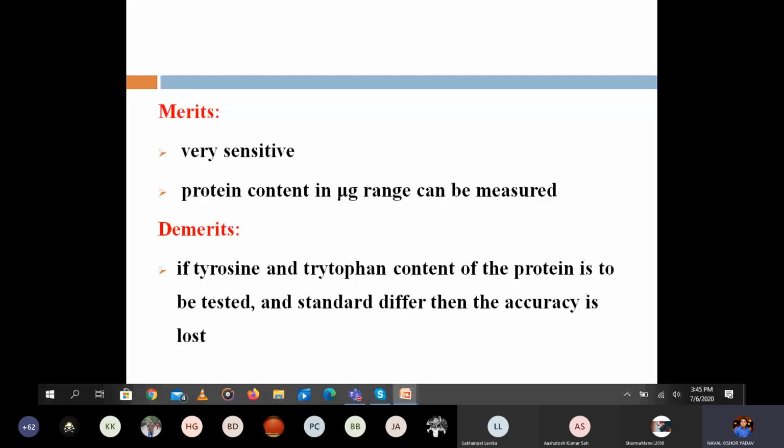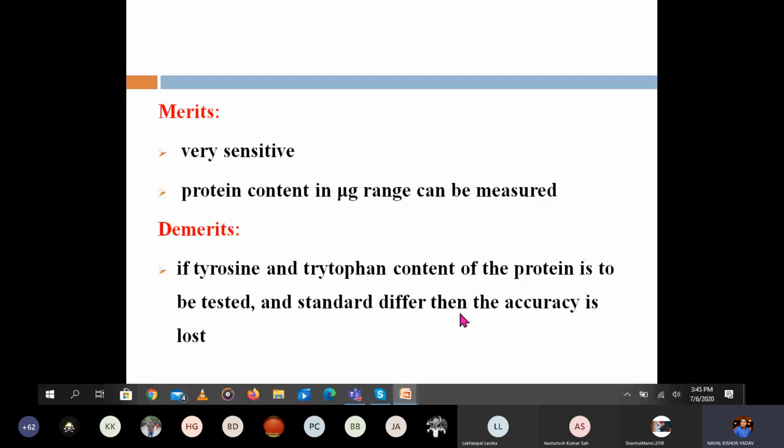The advantage is that it is very sensitive. Protein content even in the microgram range can be measured. Generally we measure in gram per dL, in grams, the protein in the blood, but by the Lowry method you can measure in micrograms per dL. The disadvantage: if the tyrosine and tryptophan content of the protein is to be tested, a different standard should be used.